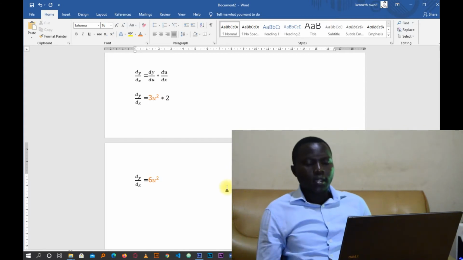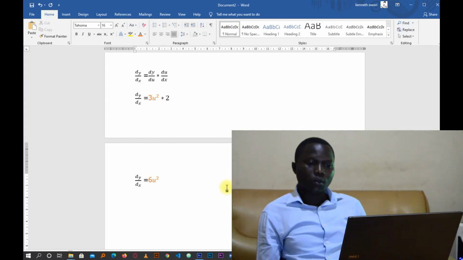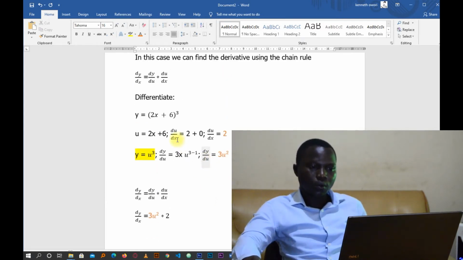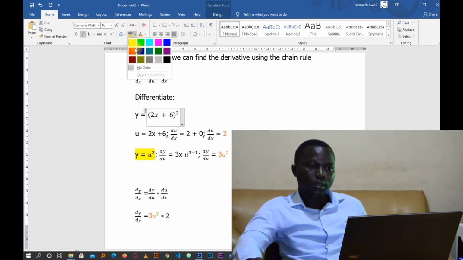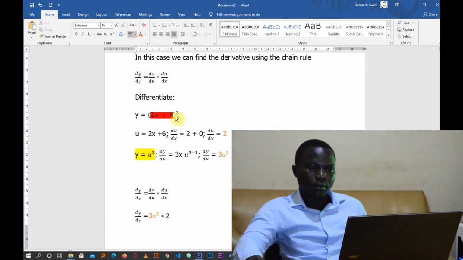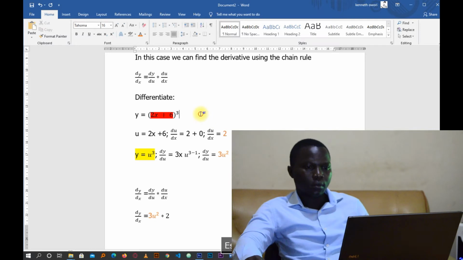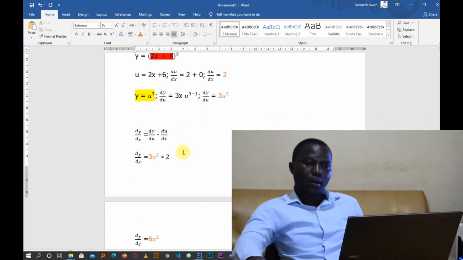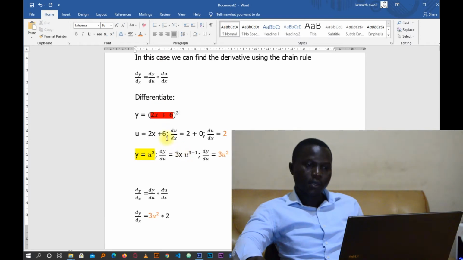Because we need the derivative in terms of x, we can then bring back what we let u be. Remember, we let u be 2x plus 6. This expression, which was in brackets, we let it be our u. So at the final stage we bring back what our u was in terms of x.